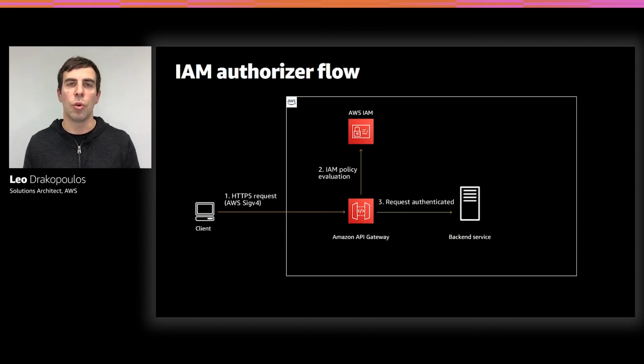For you to obtain temporary IAM credentials, there are many ways to do that, but one way that many of our customers are using and implementing is Cognito federated identities. What Cognito federated identities will do is federate an identity from an identity provider and exchange that for AWS temporary credentials.